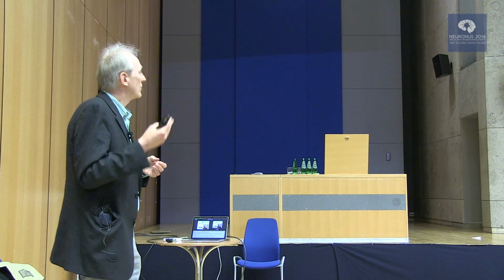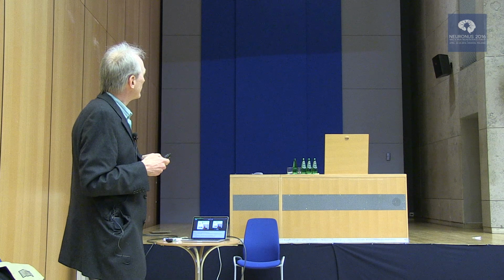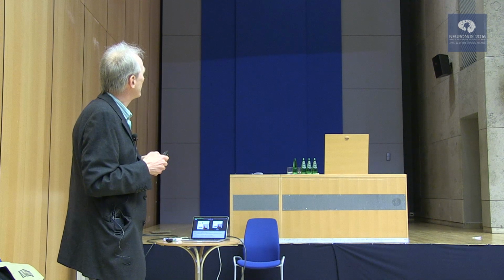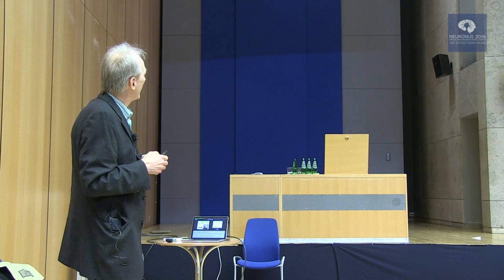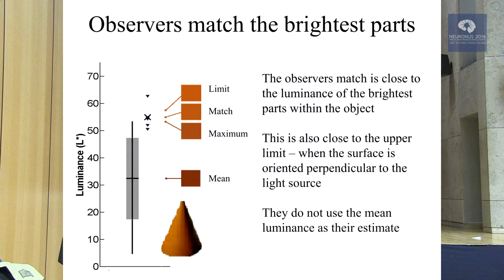And it's very easy to do, though, because this local luminance measurement, basically the output of the retina, is not really accessible to our conscious perception. So when observers made these matches, they moved their eyes around, and this shows the result of the matches.